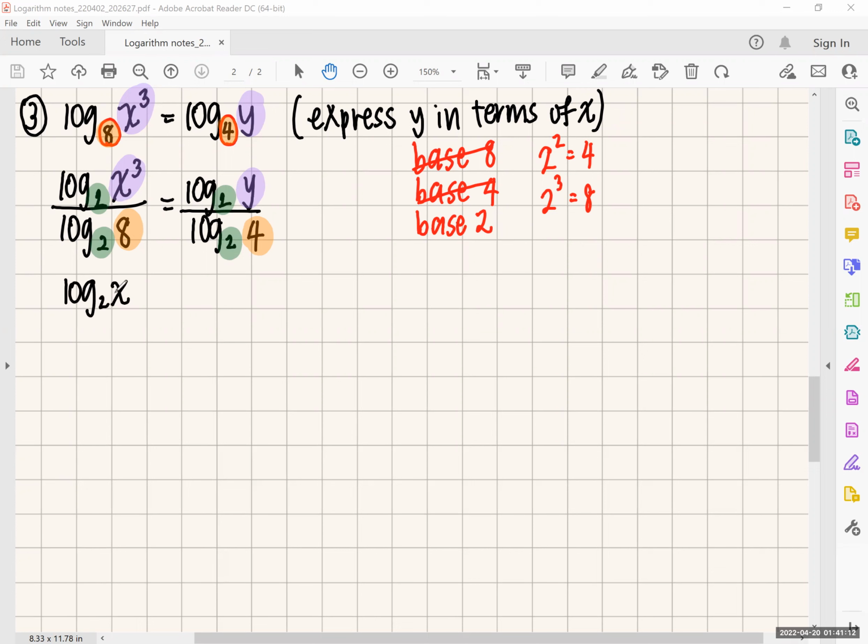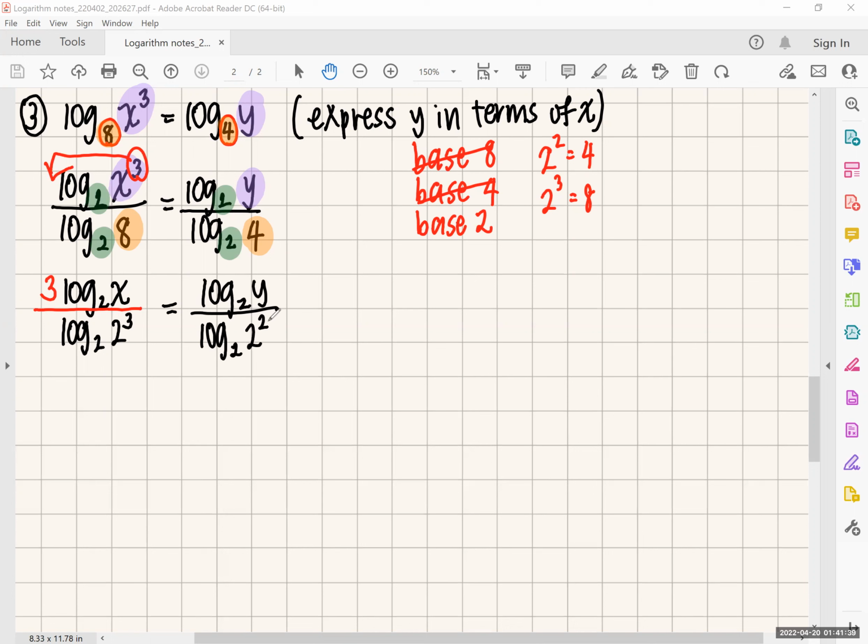So for log 2 x cubed, remember, power, bring down. That would be 3 over log 2 x. And what is log 2 8? It's equivalent to log 2 to the power of 3, which is equal to log 2 y over log 2 4, and 4 is 2 to the power of 2.